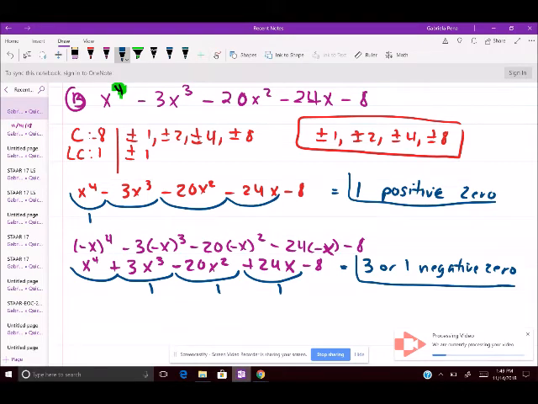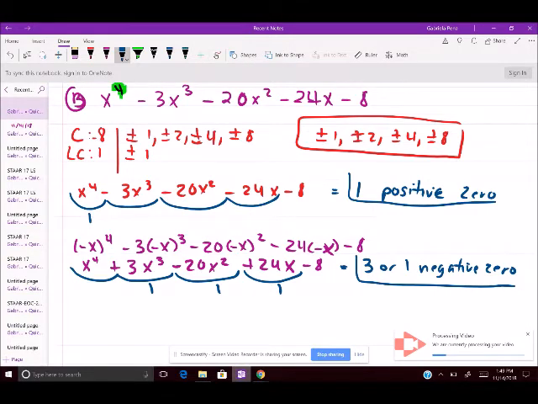Now, just so you know, sometimes, even though it says 3 and 1, it could just be 1 and 1. And if I have 1 and 1, how many is that? 2. But I'm supposed to have how many? 4. The other ones are going to be imaginary ones.